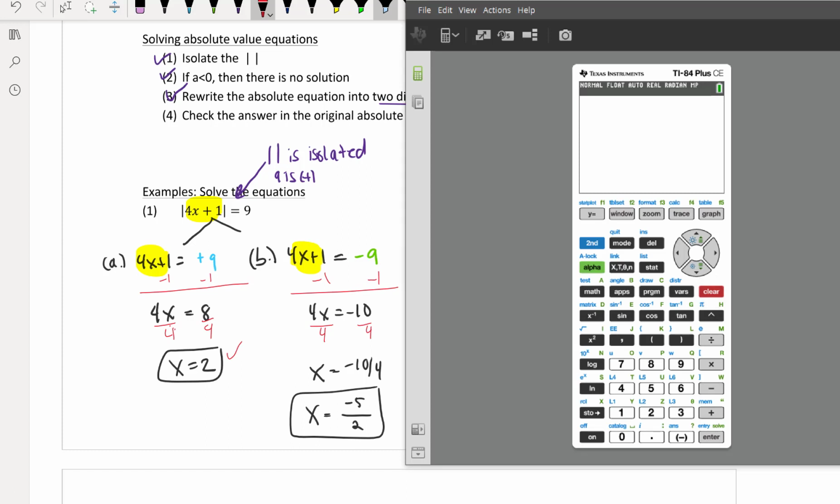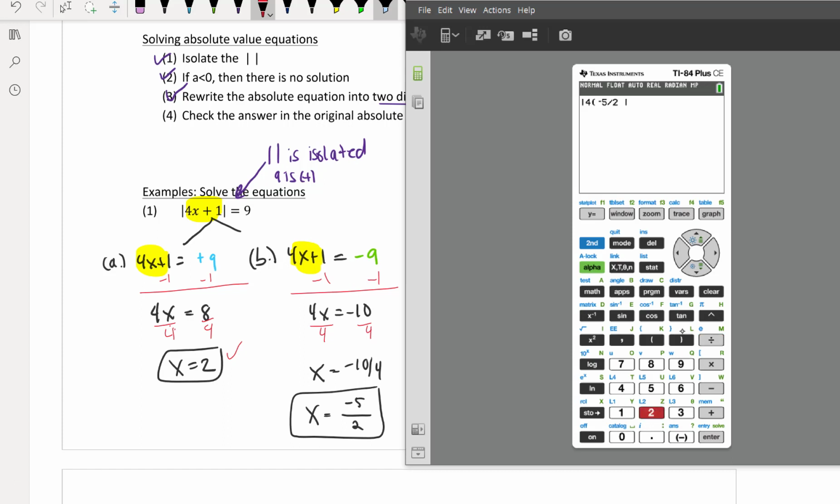Now let's try that next value, which is that negative 5/2. So I would go to my math. Now go to my absolute value, which is my abs. Now I'm going to write my fraction. It says 4 times your fraction, so 4. You can put parentheses, and you can put in a negative 5 divided by 2.